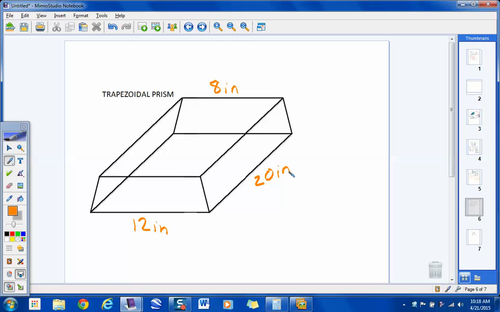And then I'm going to sneak a height right here on this trapezoid of 5 inches. Double check, you should be putting 4 dimensions to this today: 12, 5, 8, and 20. Make sure you get them in the appropriate spot.